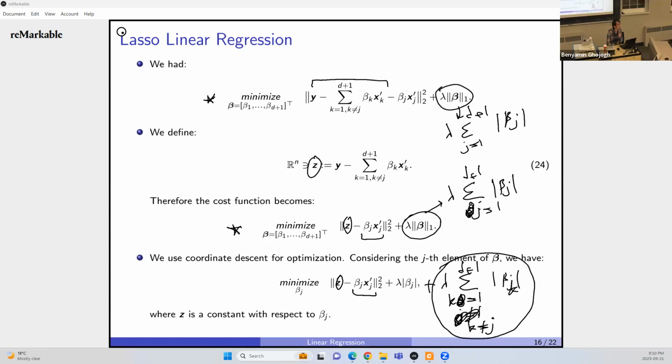When beta j is 0, it means that we completely ignore that feature, because xj is too small. I don't care about it for the prediction. Because of the actual cost function, it minimizes the error of regression. Also, it tries to make beta sparse because of that penalty. That's it. As we have the actual cost, it already has minimized the error of prediction.